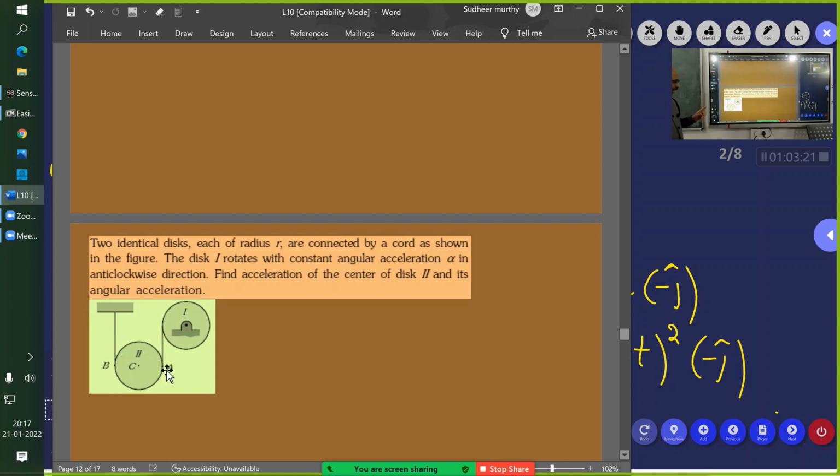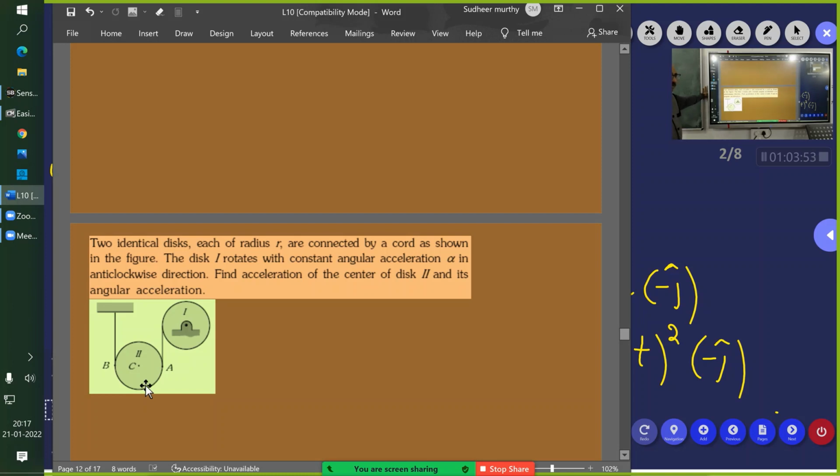And here also the rope is moving, and as it is unwinding, what is happening here? This disk too will rotate clockwise and also translate. Disk 2 will rotate and translate.